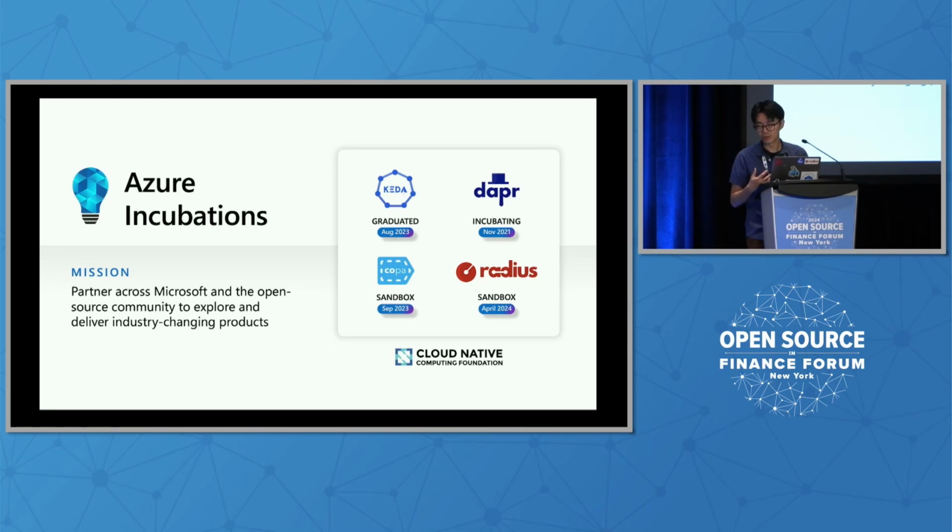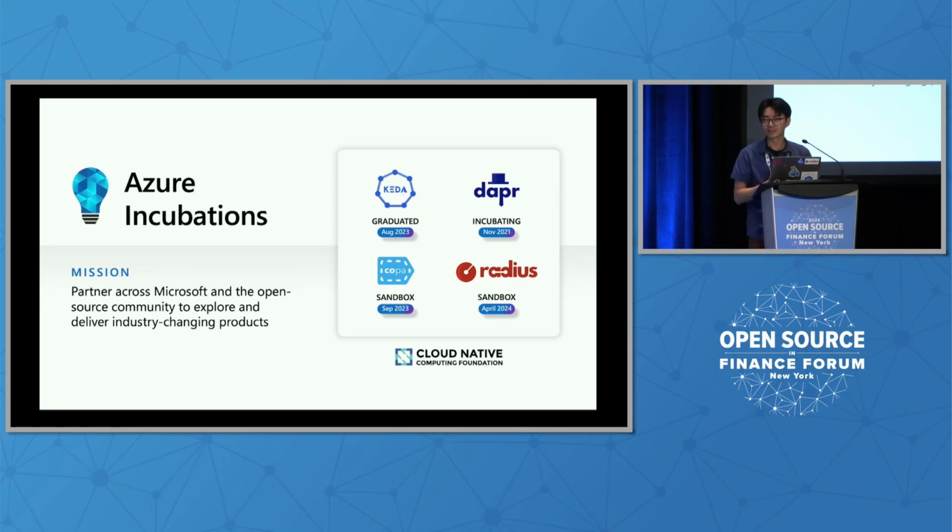Shipping open source code is our top priority, and as a part of that, we partner very closely with the Cloud Native Computing Foundation to provide open governance for these projects. So we donate most of our projects to the CNCF, and we want to build vibrant, innovative communities around each of our projects. So here's just a quick snapshot of our portfolio.